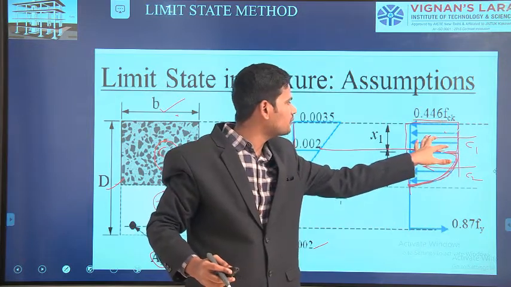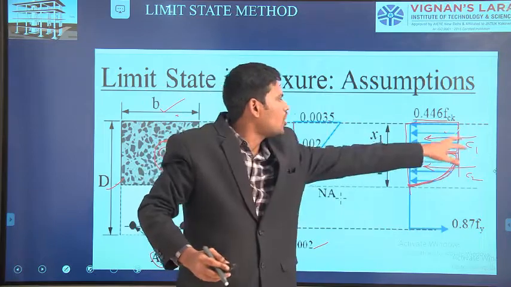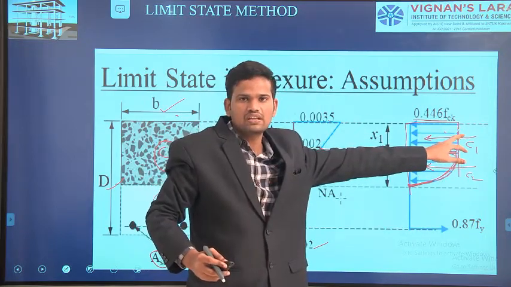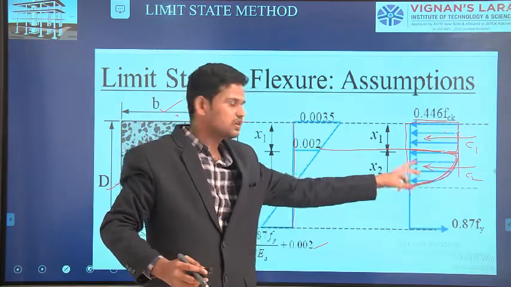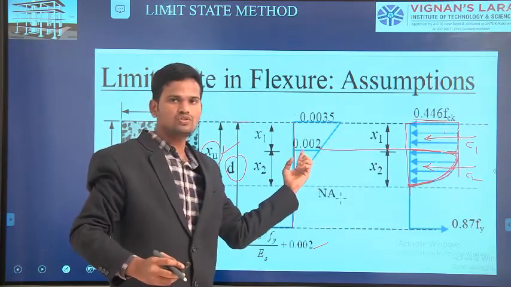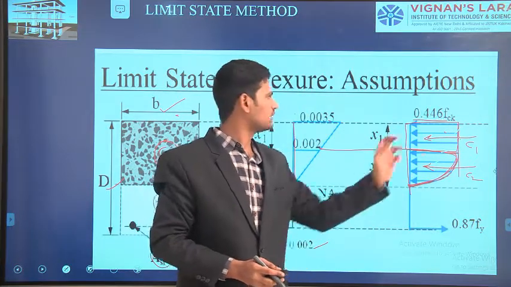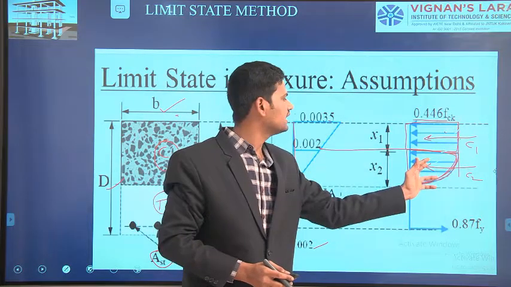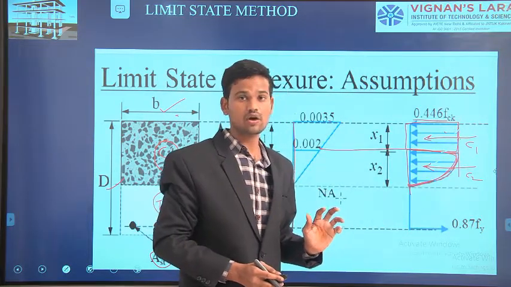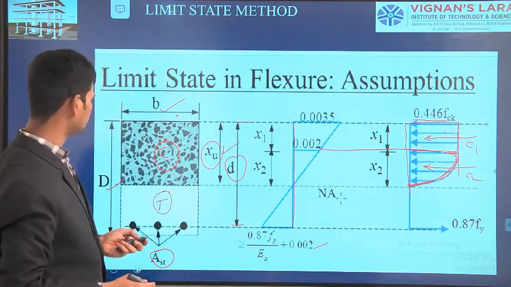In the rectangular portion, to reach the strain of 0.0035, how much compressive force is coming? In the parabolic portion, for the strain of 0.002, how much compressive force is coming? Now I am interested in calculating those values.